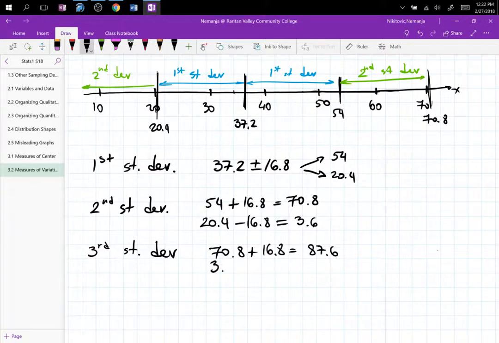And you would take 3.6 minus 16.8, right? And you will get negative 13.2. So what you have are standard deviation cutoff points. So if you ever hear someone say, oh yeah, it's a standard deviation away, well, right?